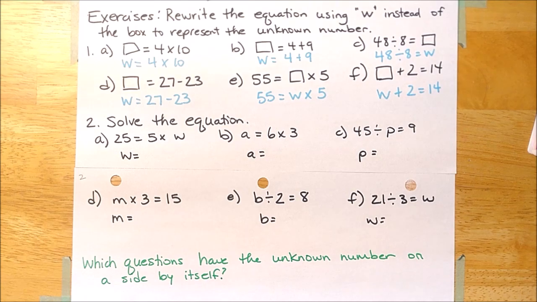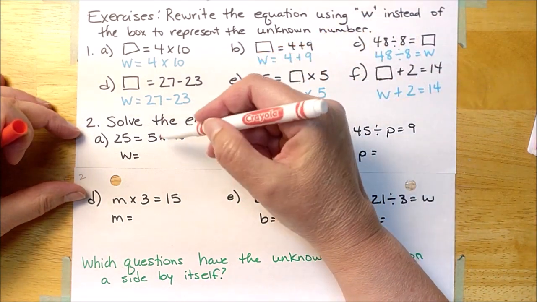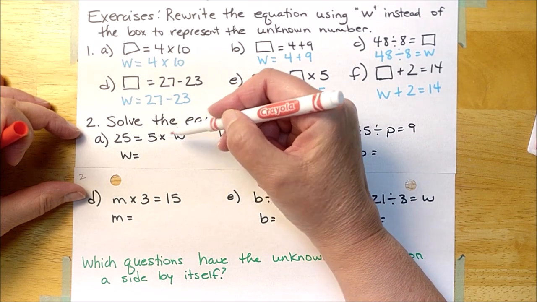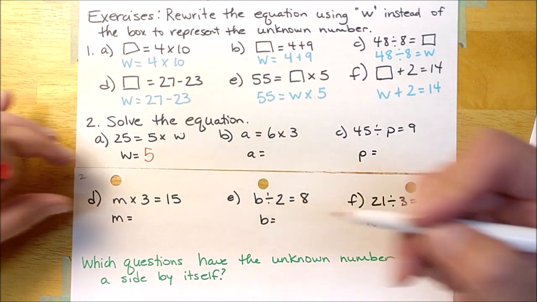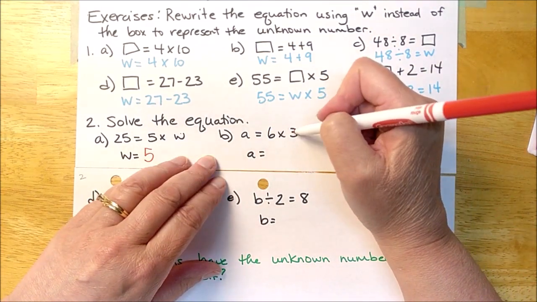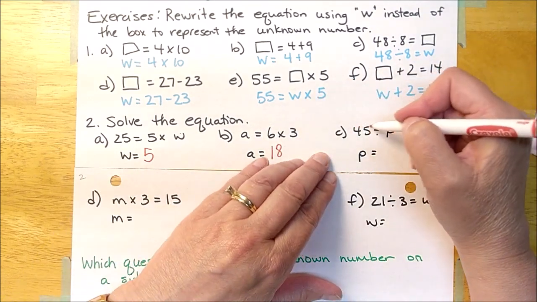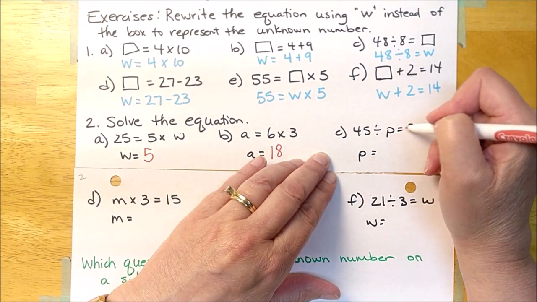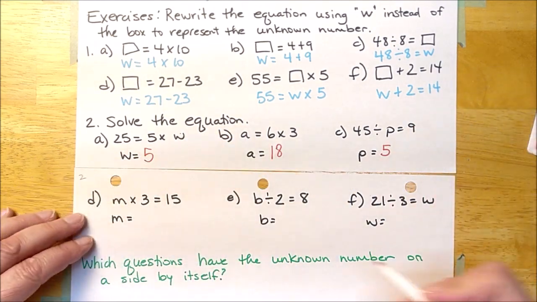Okay, you are back. So here I am going to say, 5 times what equals 25? 5 times 5. I hope that you got that. Here, 6 times 3 equals 18. 45 divided by something equals 9. 45 divided by 5 equals 9.